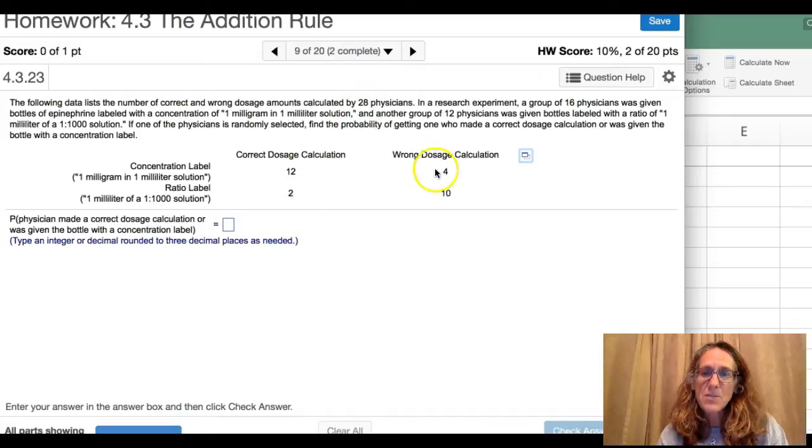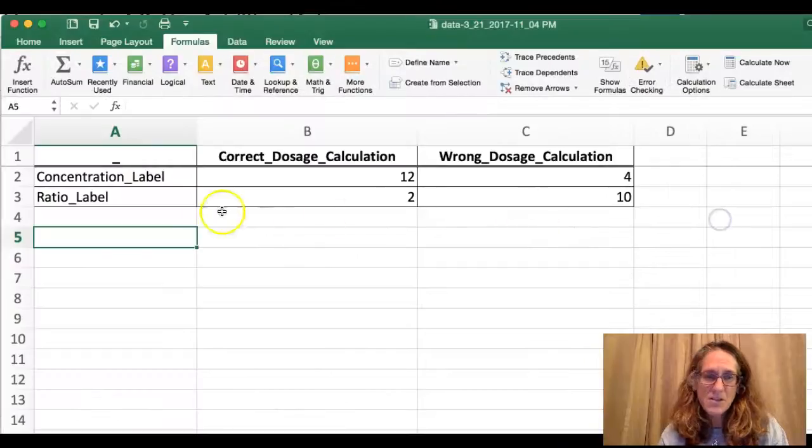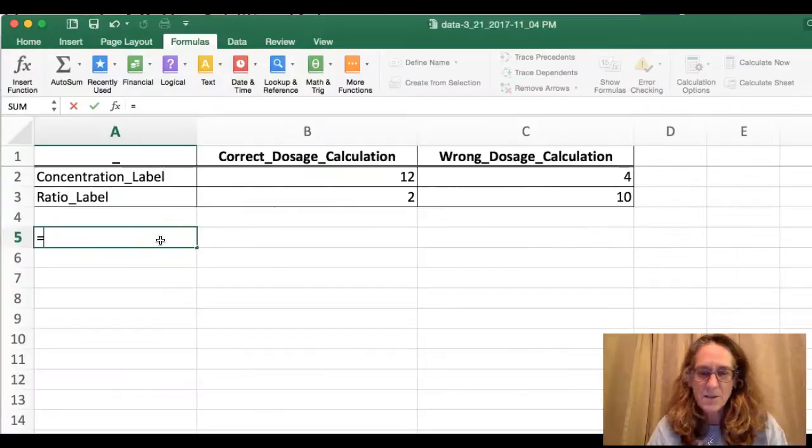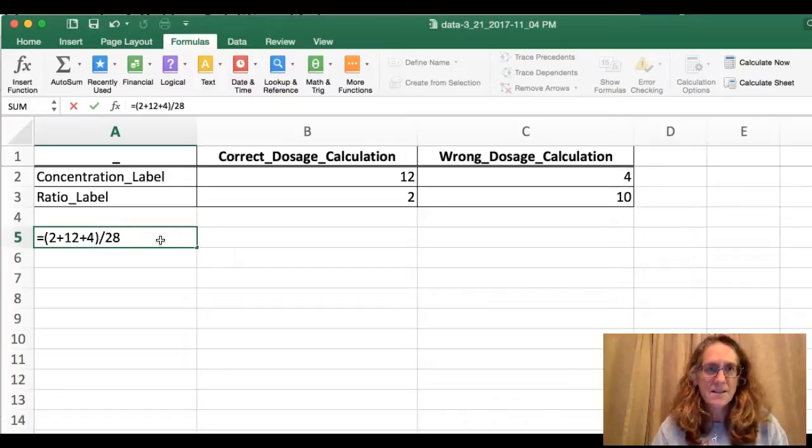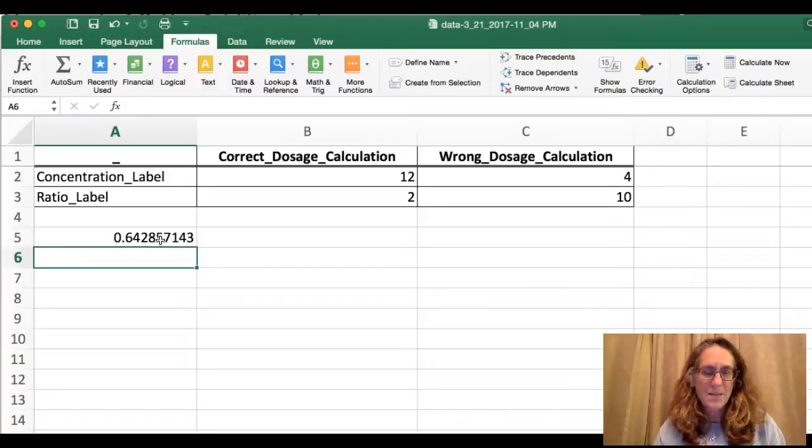So 2 plus 12 plus 4, let me show it to you here, equals parenthesis 2 plus 12 plus 4 divided by 28. And the probability is 0.643.